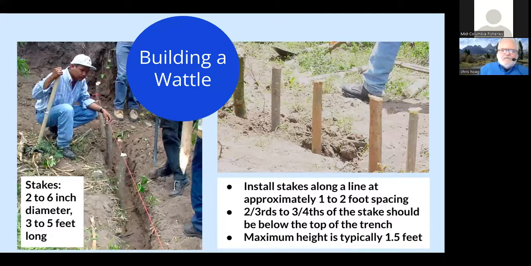When you're building these, the stakes are going to be 2 to 6 inches in diameter and 3 to 5 feet long. Again, this depends on the type of stream you're working on and how much flow you have.